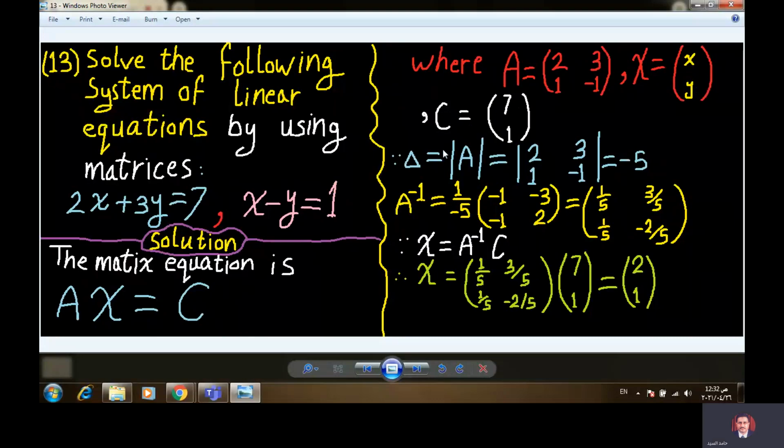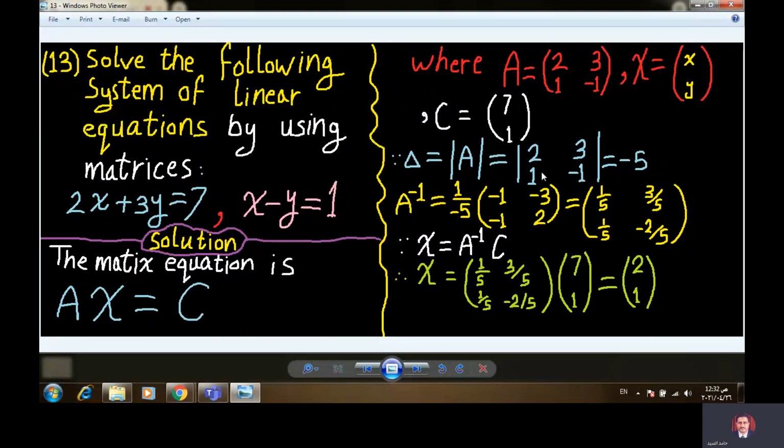Since delta equal the absolute value, delta equal this determinant of A. Determinant of A is the determinant of elements 2, 3, 1, and negative 1.